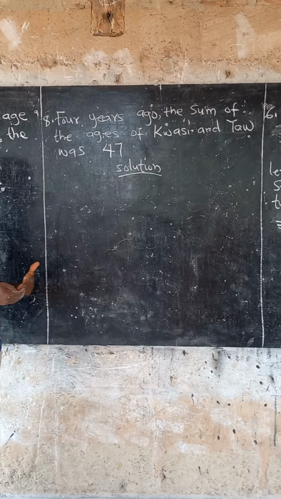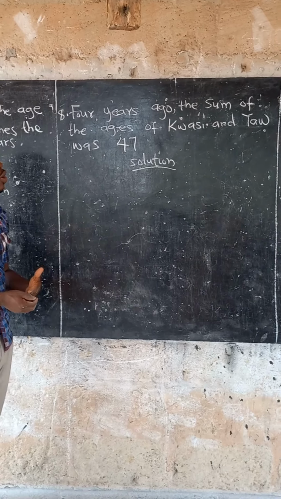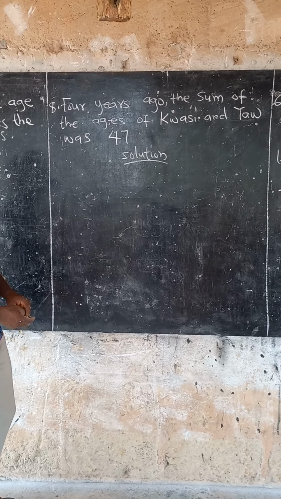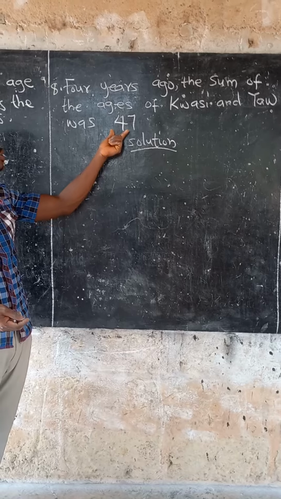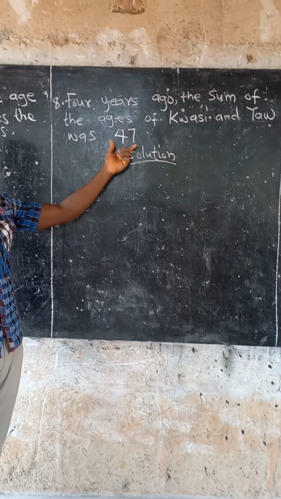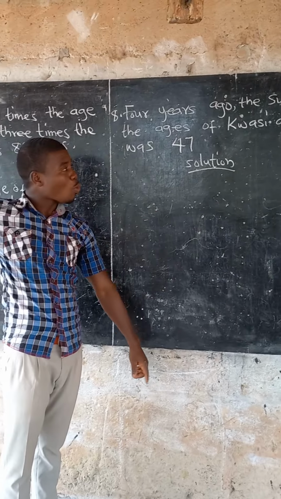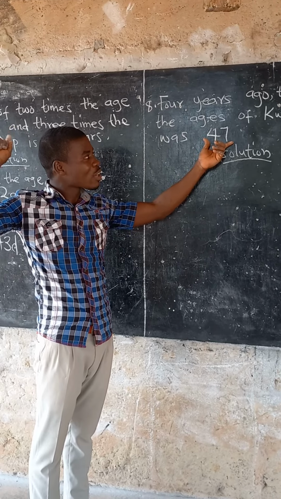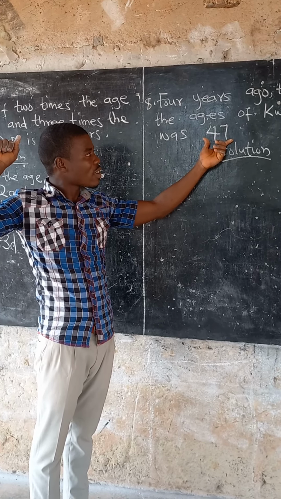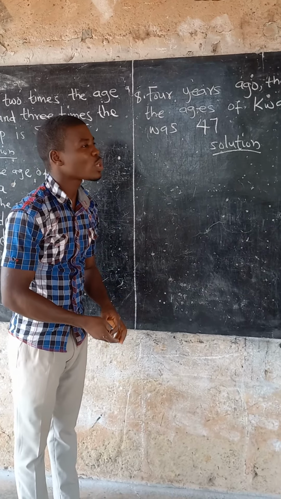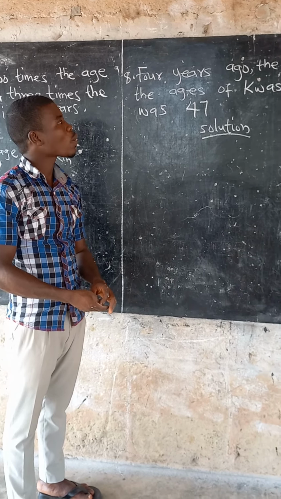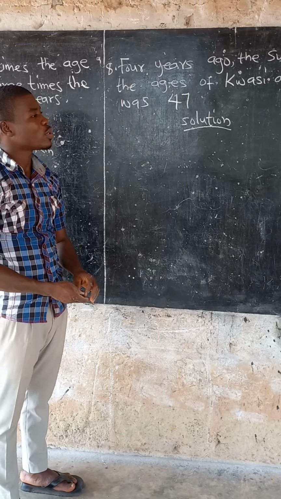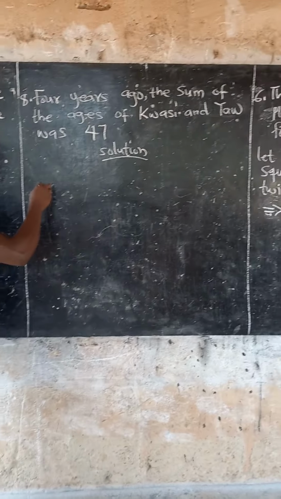We are in the current year, or as at now, Kwesi and Yao, when you put their ages together, it's 47. But some years ago, the age was what? 47. So currently, we want to know their age as at now. So what you have to do is what? You deduct.